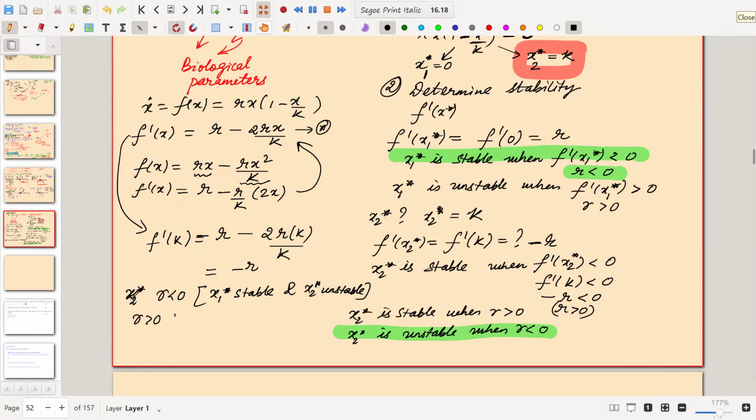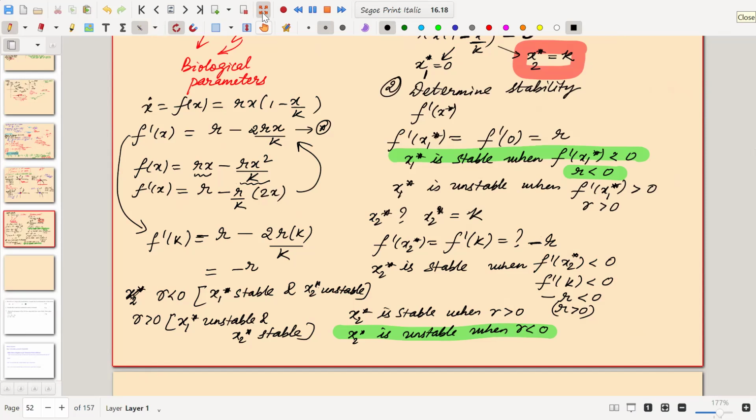And when r is greater than 0, the opposite happens. That means x1 star is unstable and x2 star is stable. Okay, is it okay? So you can see clearly that this is the case.